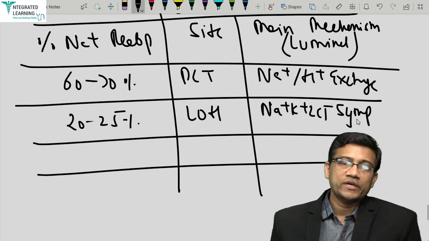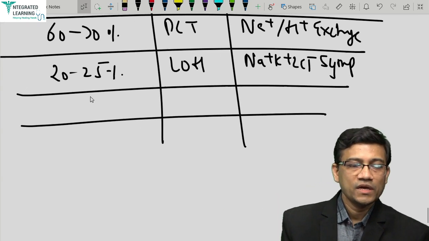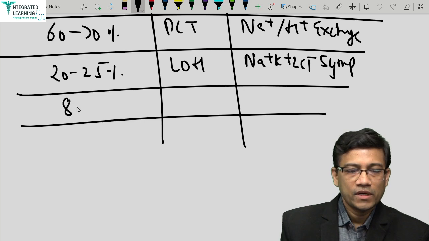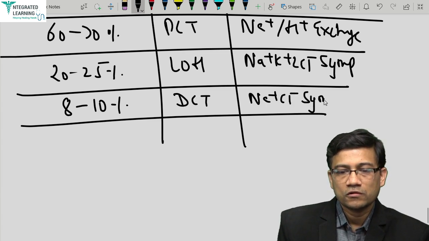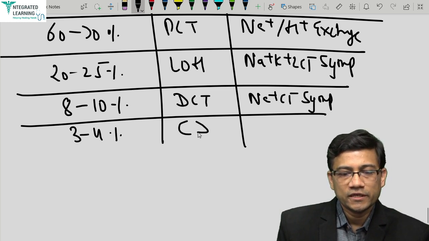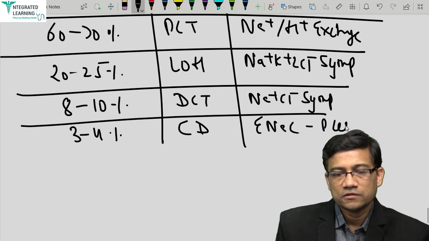Sodium potassium 2 chloride symport. Then next, 8 to 10% is in the DCT, that is sodium chloride symport, and 3 to 4% is in the CD by epithelial sodium channels in P cells.